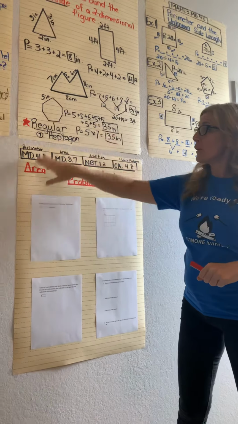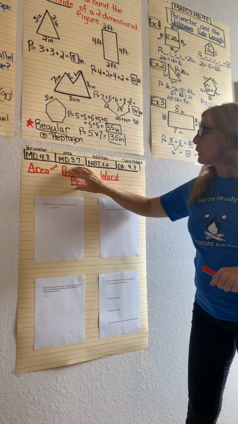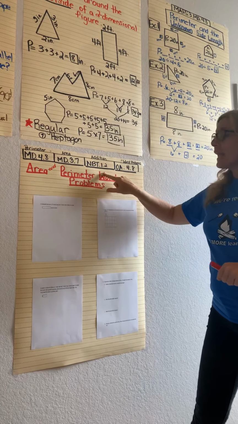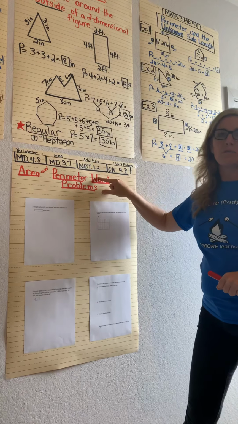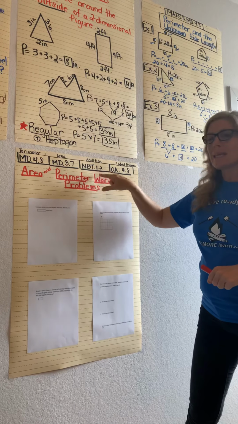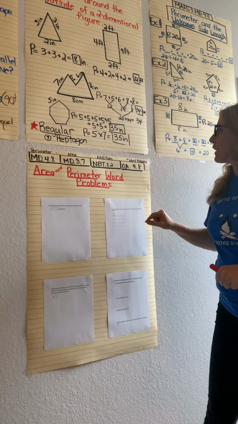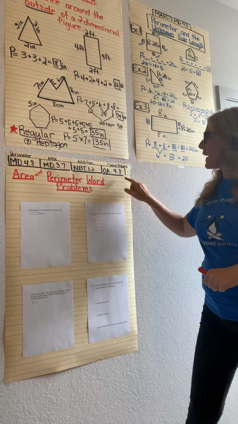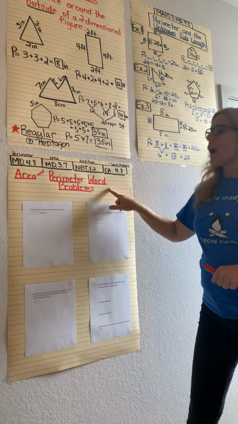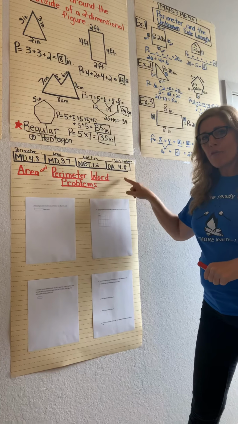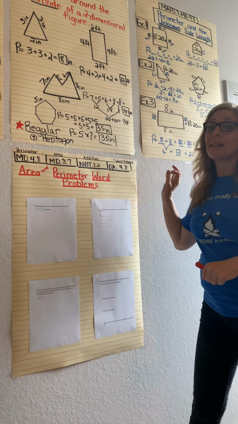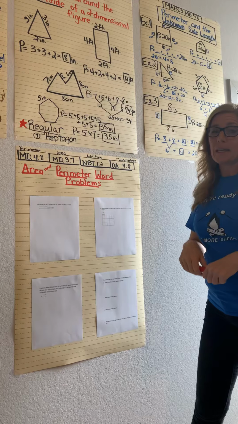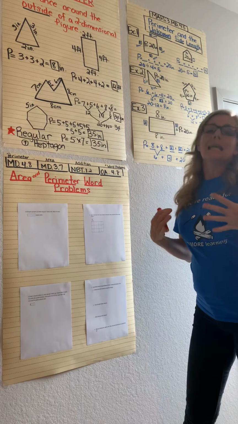We're going to go back to area and really work that too. And we're going to pull in some addition, which is way back, our numbers base 10, 1.2 standard. And this is the biggest one we're really going to work hard on today, word problems, operations and algebraic thinking 4.8. That's a lot that we're going to cover. So take a deep breath and let's get ready to work.